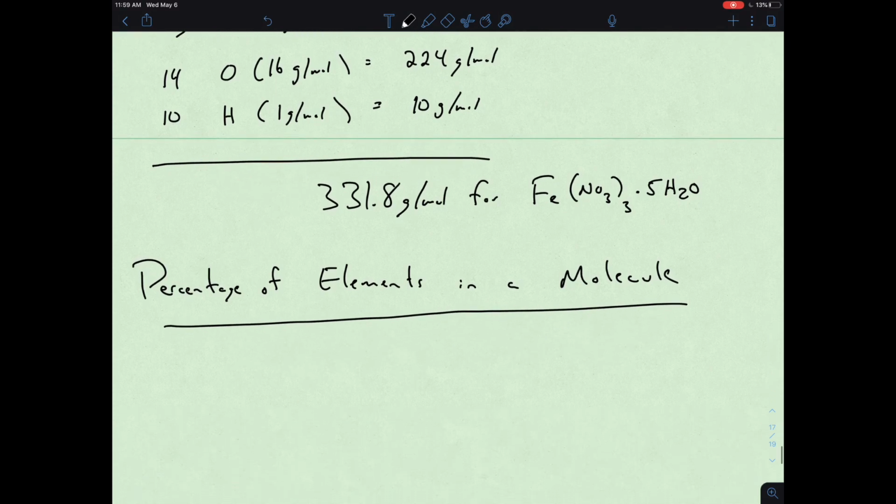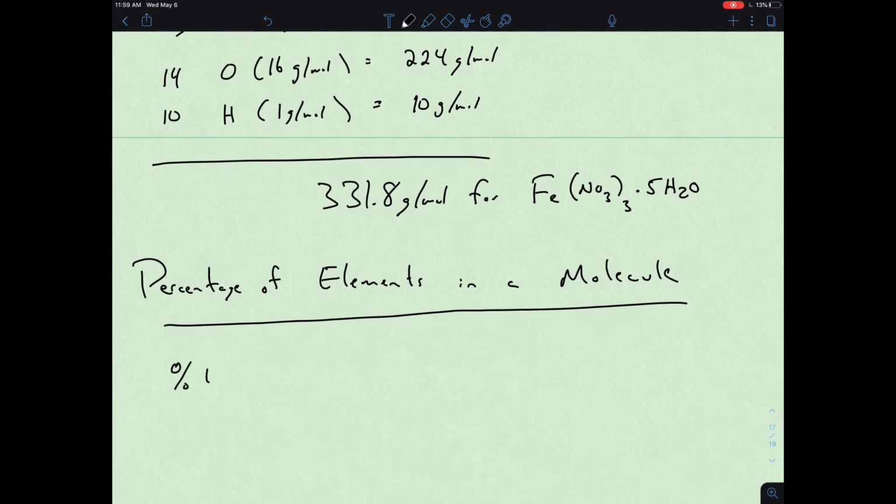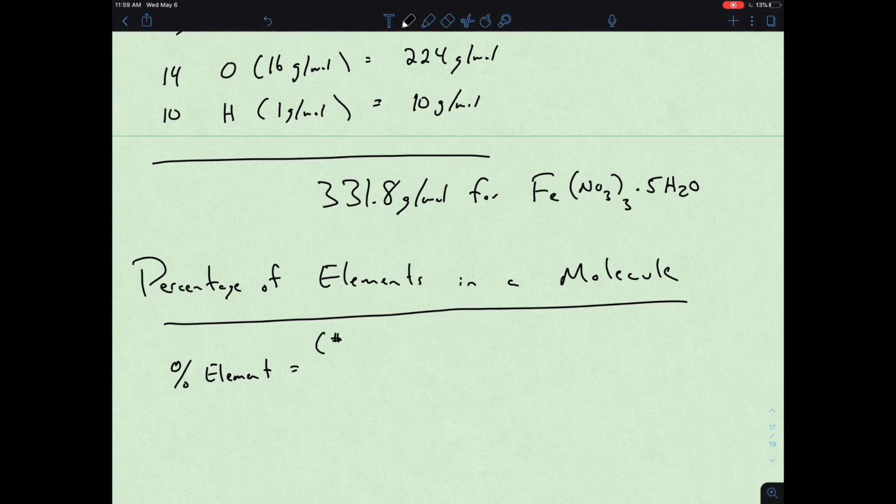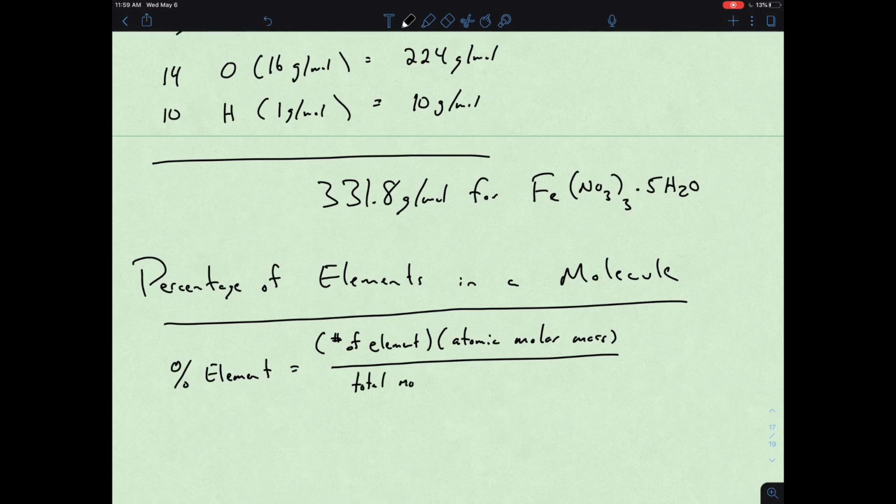When we get into percent of that element, we're really just looking at the number of the element times its atomic molar mass, divided by the total, which would be the molecular molar mass, times 100. So this is a kind of a conversion feature for us.